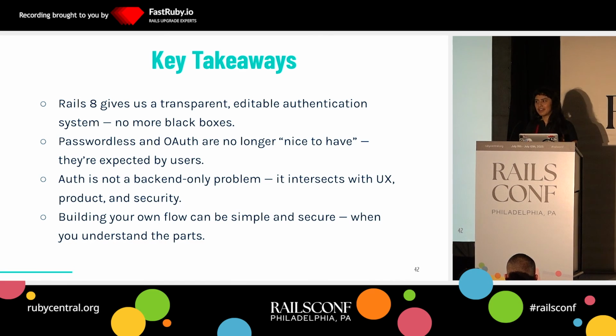I don't have to create 100 passwords for every API or every integration I use, every tool. So that's really cool. And authentication is not a backend-only problem anymore. It really intersects with UX, with product, with security. So building your own flow can be simple and secure if you understand the parts and you really want to dig in.